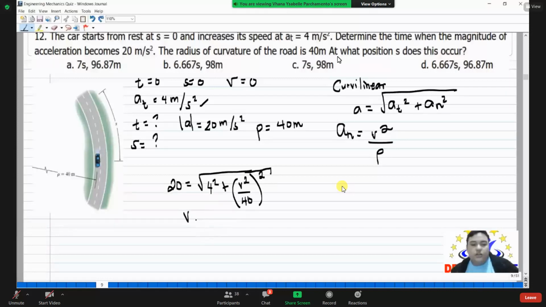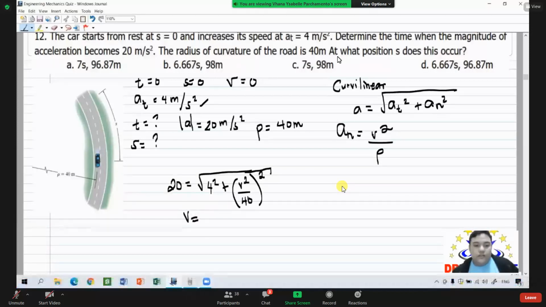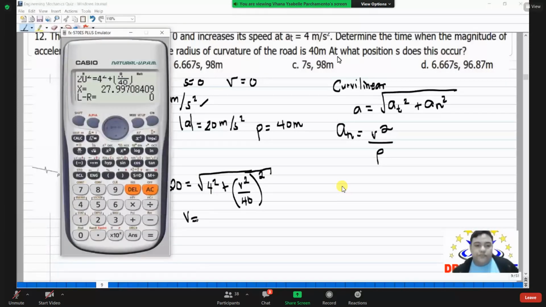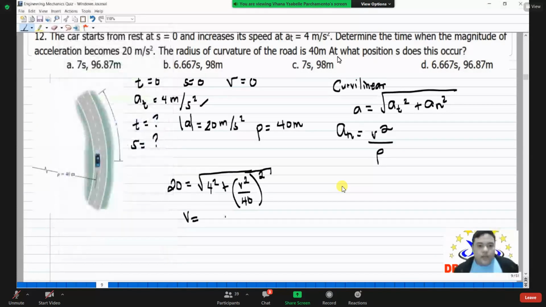And your velocity here is equal to, so shift solve na natin, 20 squared is equal to, so wala na square root dyan kasi sa squared na yan. So 4 squared plus x squared all over 40, the quantity squared. So shift solve, so this is 28 meters per second.